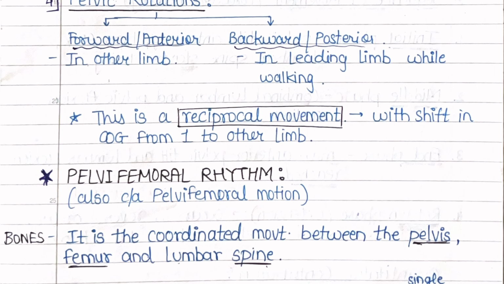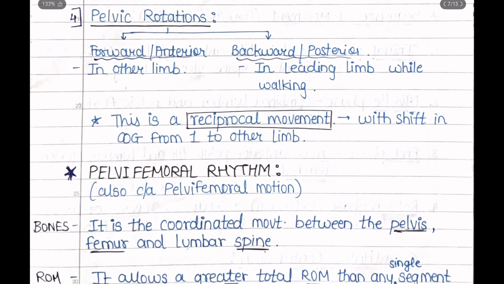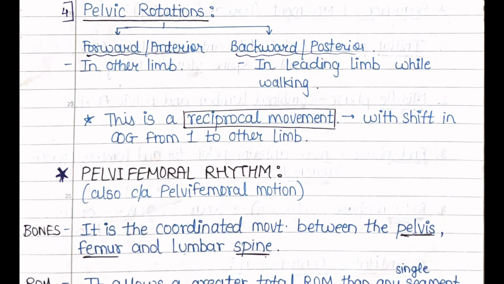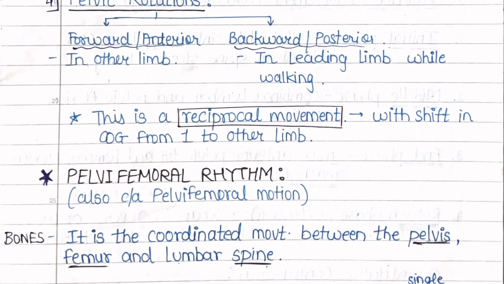Now comes pelvic rotation. This is the fourth motion of CKC. There is forward or anterior rotation, and backward or posterior rotation. Forward or anterior rotation occurs in the other limb, whereas backward or posterior rotation occurs in the leading limb while walking. So this is a reciprocal movement with shift in center of gravity from one limb to another.